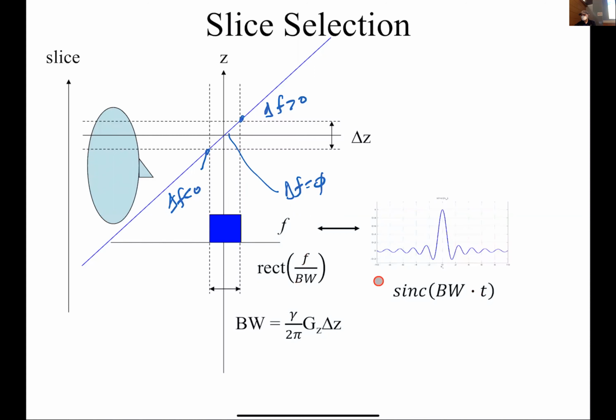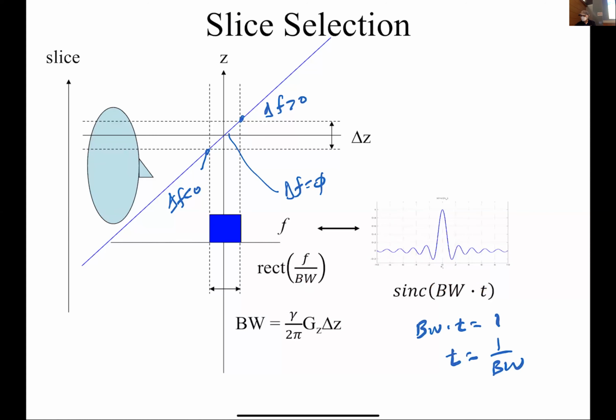If I take the inverse Fourier transform of this, rect goes to sinc. And so using the scaling theorem, this BW on the bottom comes on top. We ignore the scaling factor in front. We just look at this BW times t. Okay. Remember, sinc of BW t just means that the first 0 occurs at 1. So that means the first 0 occurs at 1 over the bandwidth. Okay.